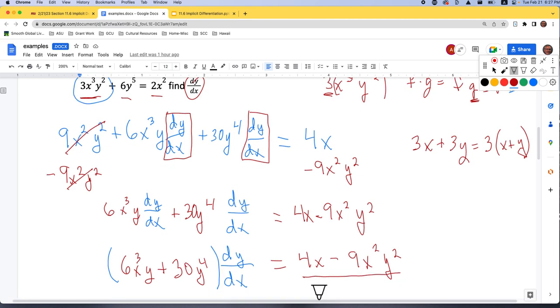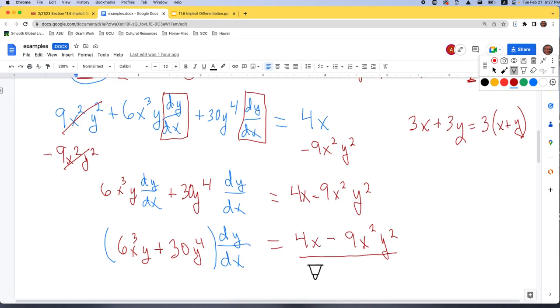So it's 6x cubed y plus 30y to the fourth, and we divided that over here. So that cancels, and we just got our dy dx equals all that stuff.